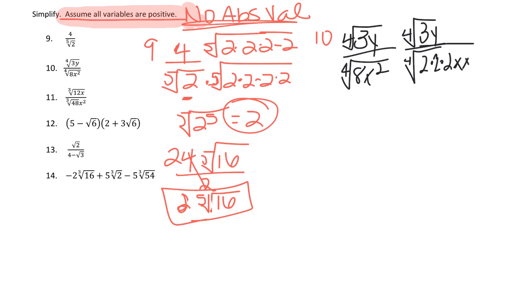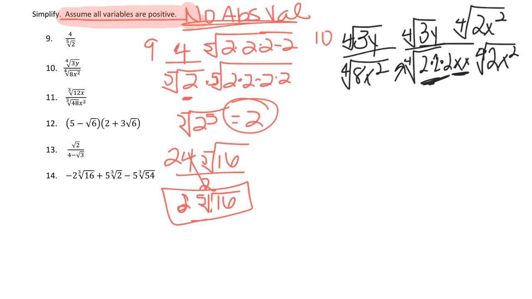Let's just look at it like that. It's not a necessary step if you see it right away, but sometimes it'll help you see it. It's the fourth root, so I need 4 of something. I have 3 2's already, so I'm going to multiply by the fourth root of 2. I need 1 more 2 to make it 4 of them, and I have 2 x's, so I need 2 more x's, so 2x squared. So I have the fourth root of 2x squared multiplied on the top.